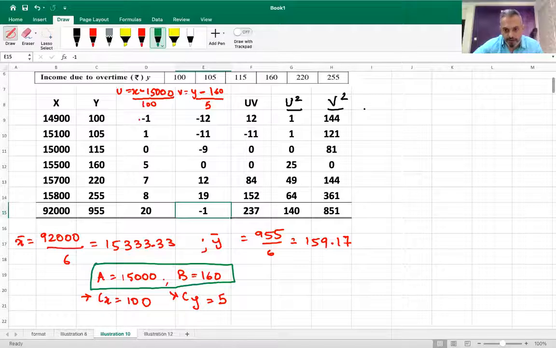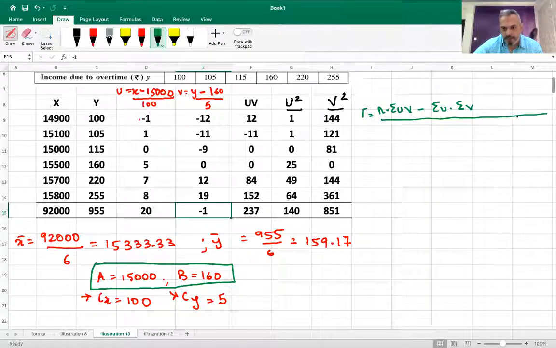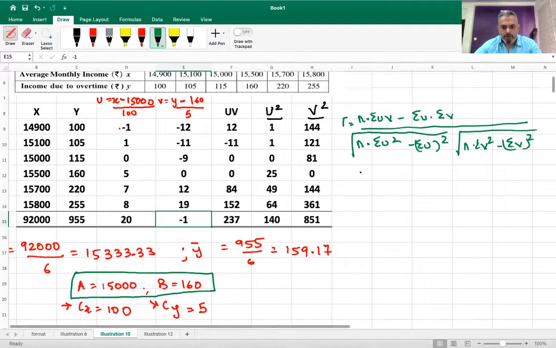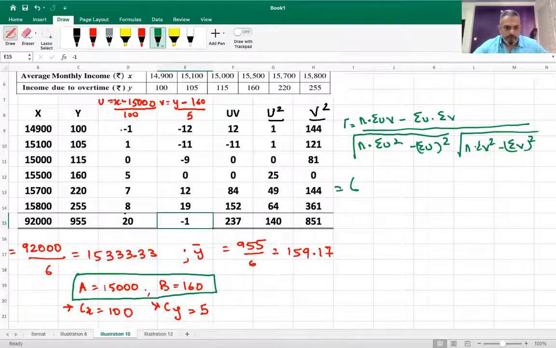Now let's find out r is equal to n sigma uv minus sigma u into sigma v upon under root n sigma u square minus sigma u the whole square, under root n sigma v square minus sigma v the whole square. Now let's solve it. n is 6.